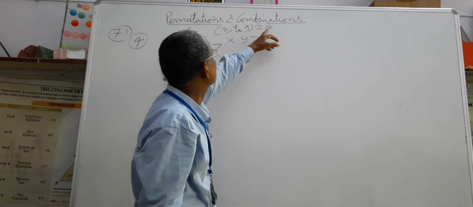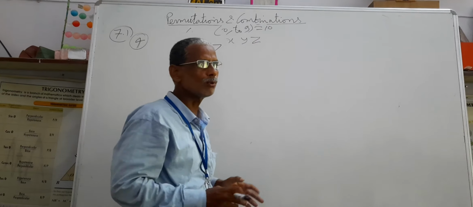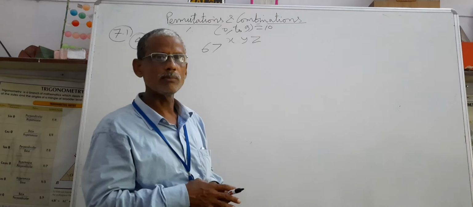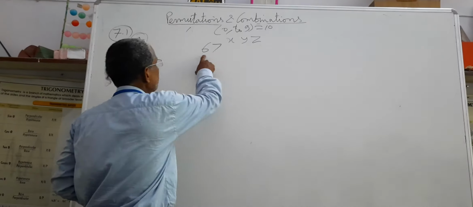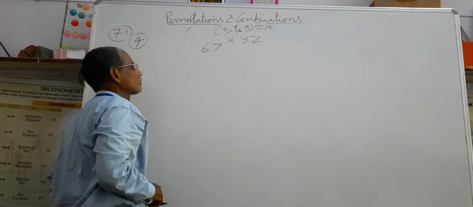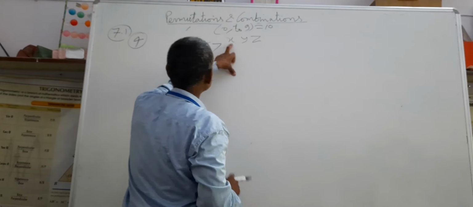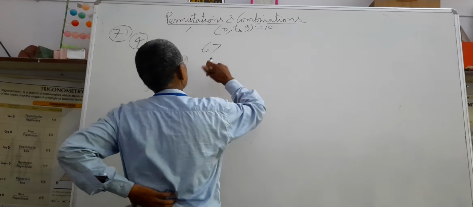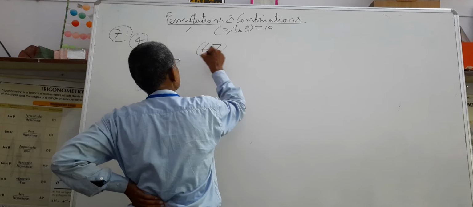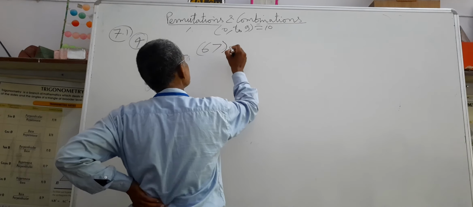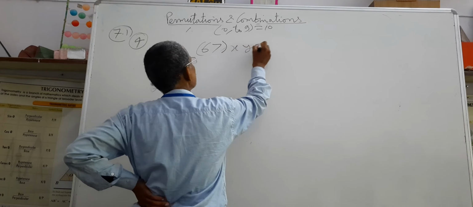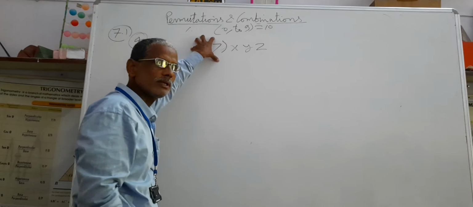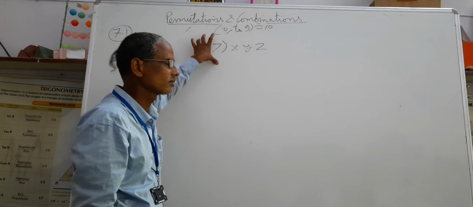Therefore, among 10 digits you have only 8 digits available. Your telephone number will be of the form 67 followed by X, Y, Z. The starting digits can be ignored because they are fixed.